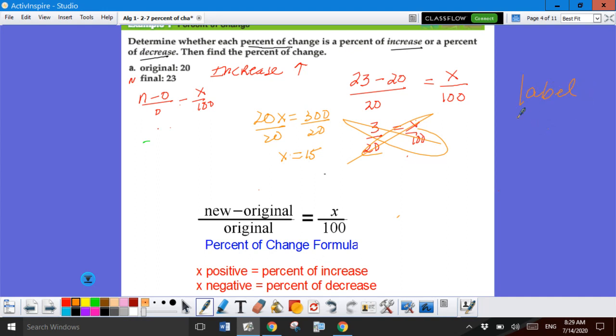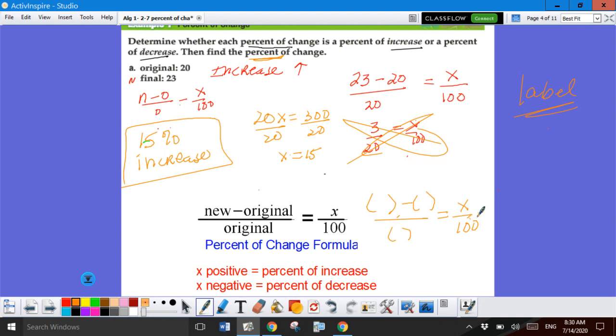Okay, and I was looking for a percent. So this is actually a 15% increase, because it went up. So again, remember, it's always helpful to look with parentheses when you're doing substitution.